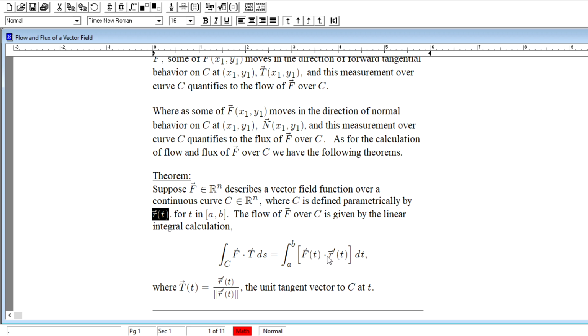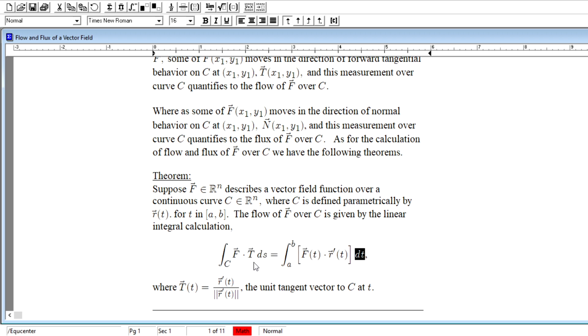And with r bar of t, I can find its first derivative and form it into a dot product with that description of the field written in terms of the parameter t. That dot product forms the integrand in this calculation, a scalar-valued function that we're going to integrate with respect to the parameter t.